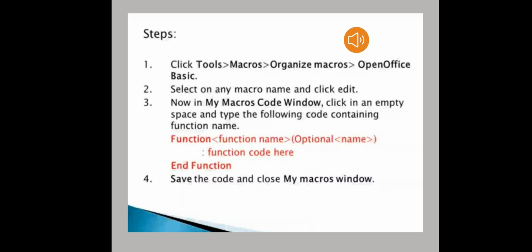The code is given here: function name, optional name, then function code, then End Function. Then the last step is to save the code and close the My Macros window.